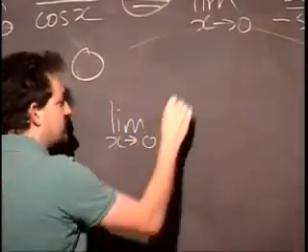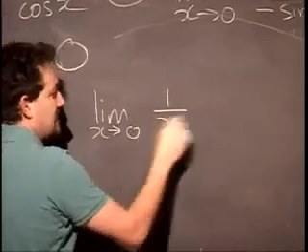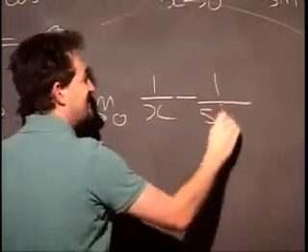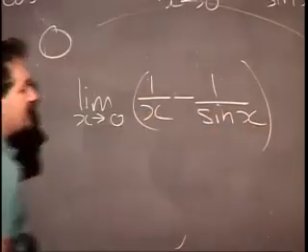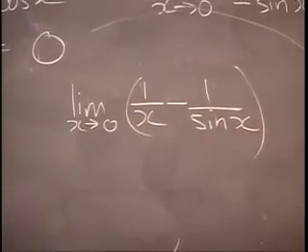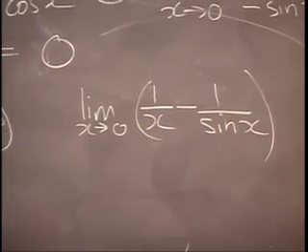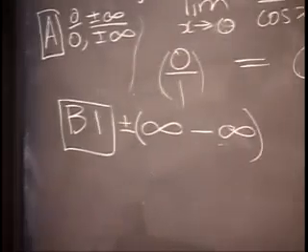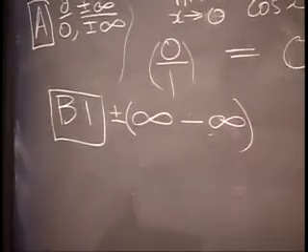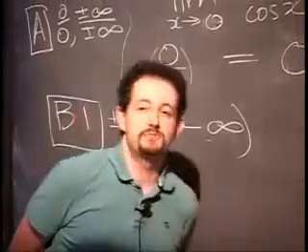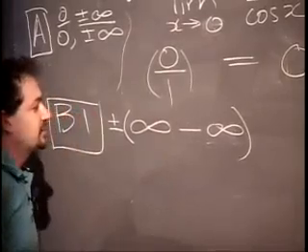Limit as x goes to 0 of 1 over x minus 1 over sine x. And actually it would be more accurate if I put a plus or minus outside there. Let's do that. Okay, so this is actually quite a famous limit in some sense. I've seen it all the time on Math 103 exams and quizzes.